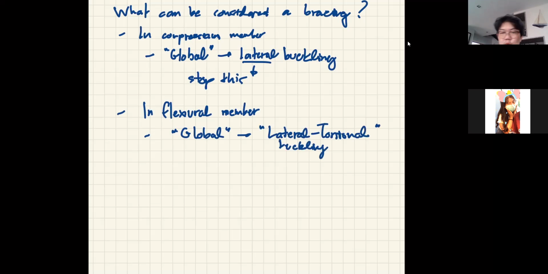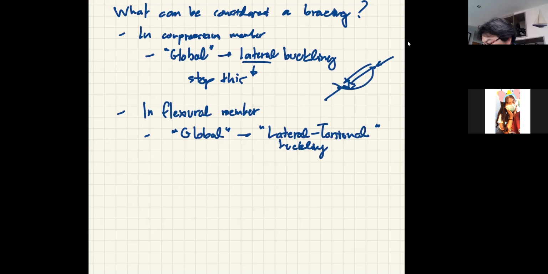The beam is not like the compression member, where the load is in your principal axis, so it causes your member to just buckle.